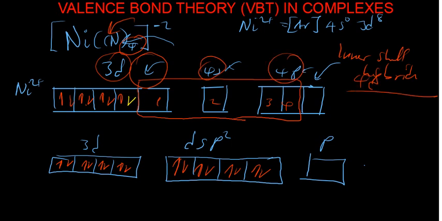So the 4d has just remained empty this side. We've not used it. Instead, we've opted to use this d from the 3d. Because we have used this 3d instead of the 4d, we call it inner shell hybridization.